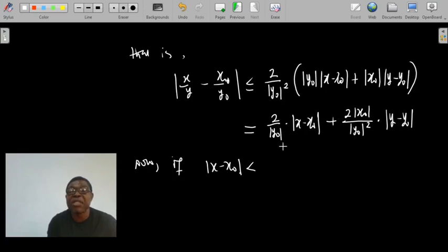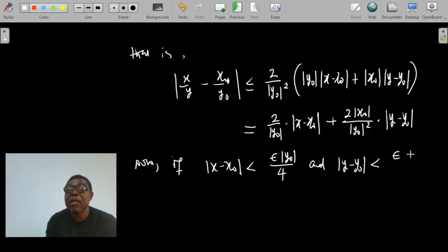So what I'll have is that if absolute value of this is less than epsilon absolute value of y naught over 4, say, watch out and see what this will do. And absolute value of y minus y naught is less than epsilon absolute value of y naught squared all over 4 into 1 plus absolute value of x naught.